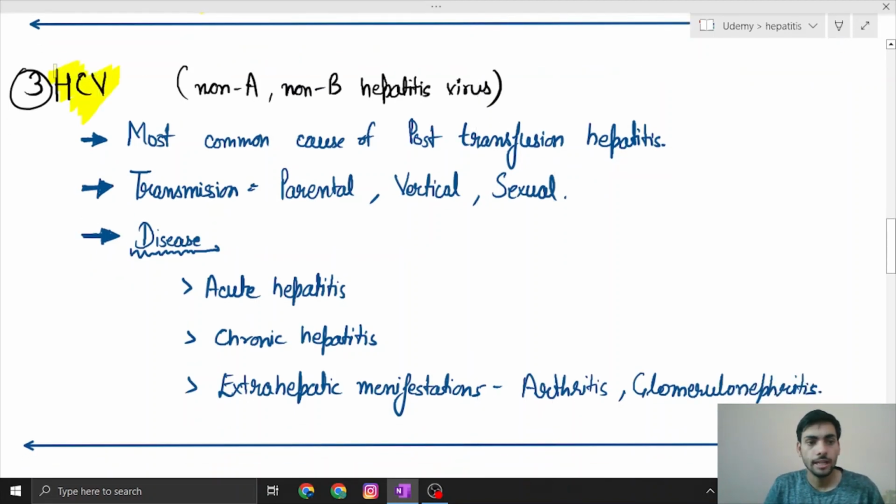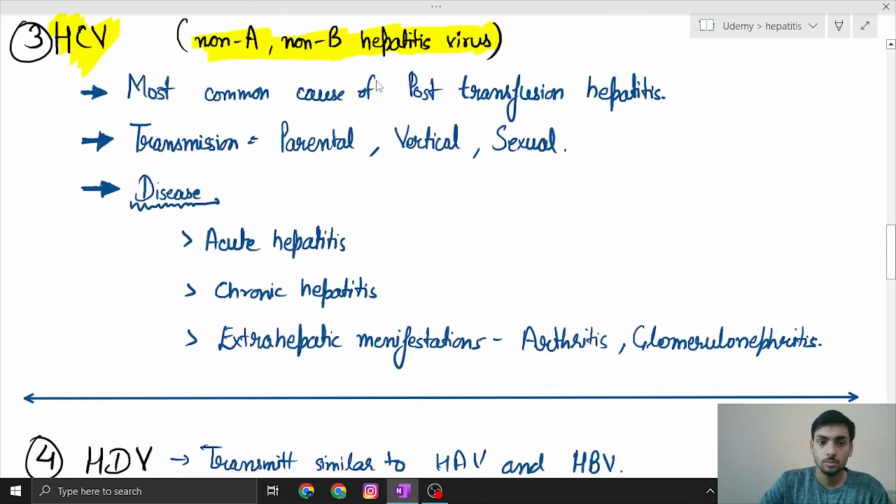Then comes HCV, hepatitis C virus, which is the non-A, non-B hepatitis virus. While classifying this virus, people earlier thought that it was similar to hepatitis A or B, but later found that it is not. Thus they called it the non-A, non-B virus, NANB virus. The most common cause of post-transfusional hepatitis is this: if you transfuse blood and the blood is infected, this virus can be there.